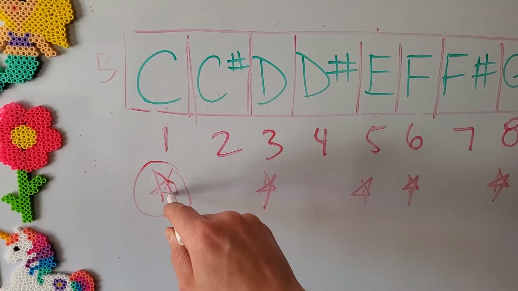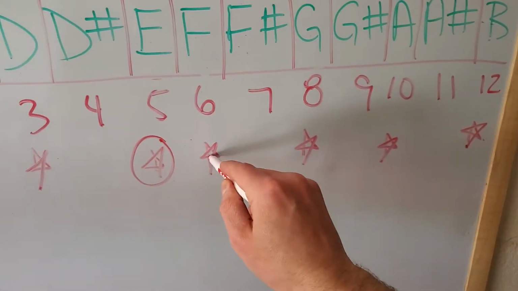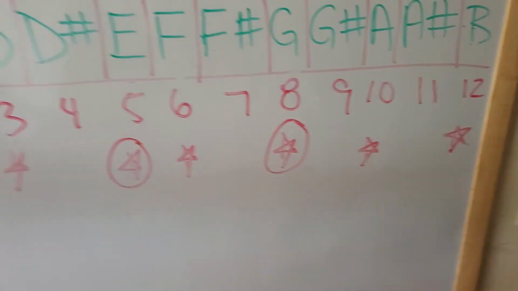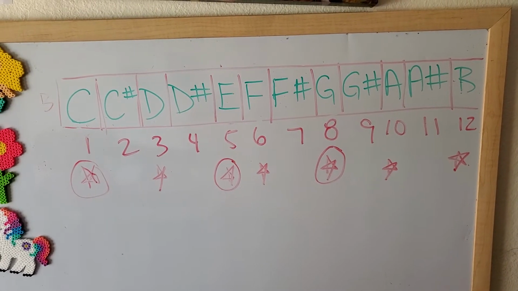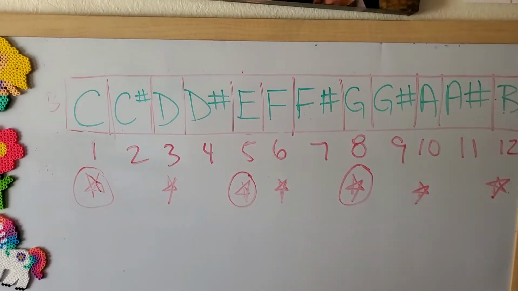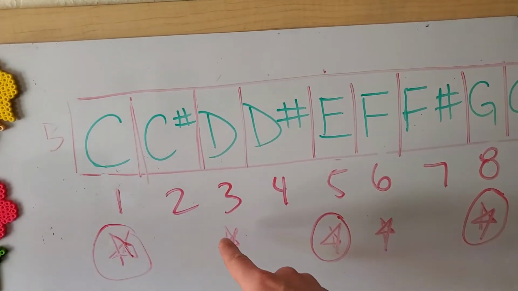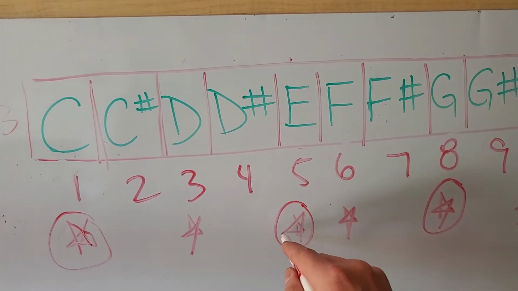So root is 1, 2, 3, 4, 5. Okay, so the C chord is made up of C, E, and G. 1, 3, 5.